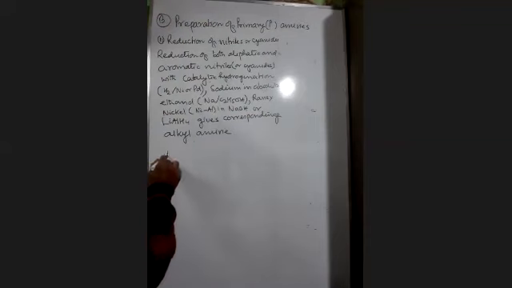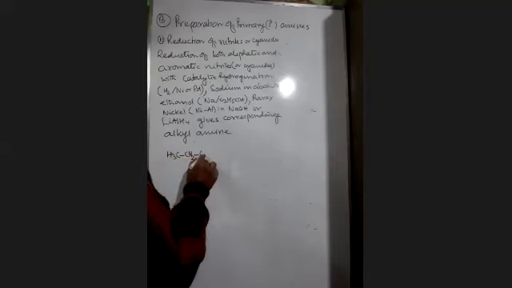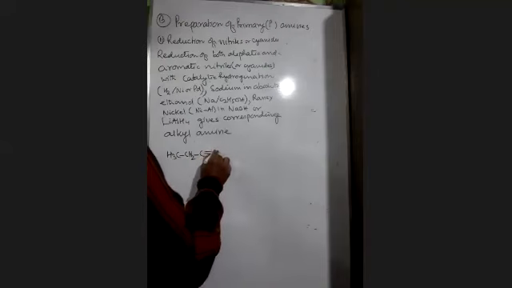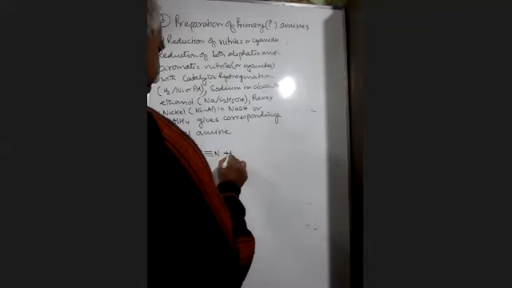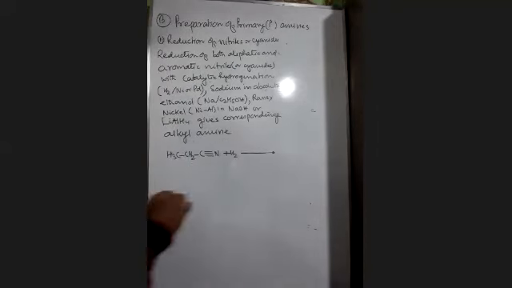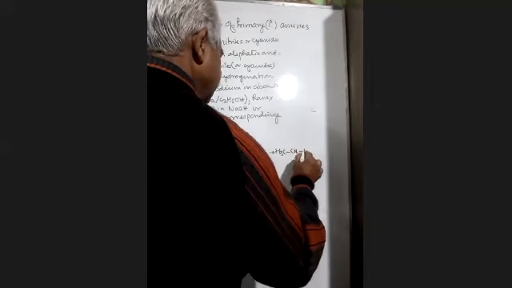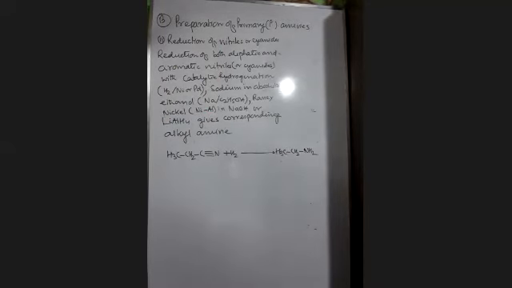So here I have taken CH3CH2CN. Look here, how many bonds do we have? We have 3 bonds. So I write here H2. Use a little bit of your brain, it's very easy. Here, CH3CH2CH2NH2. It is an addition reaction here, not a substitution reaction.